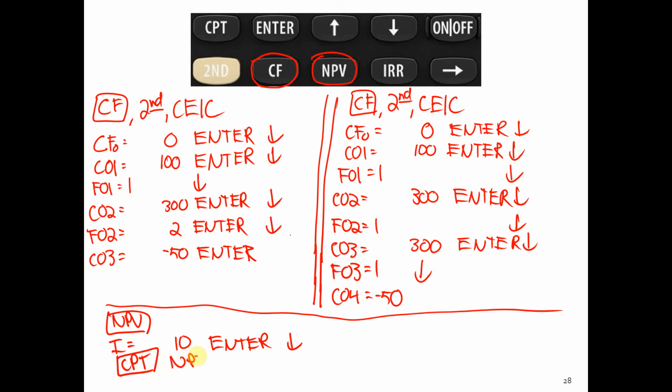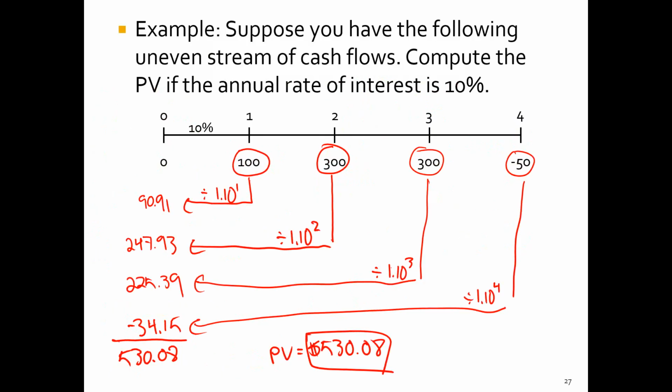NPV shows up on the screen as 530.09. And that's the present value of that series of cash flows. This number is 1 penny different from our calculation using the formula. The reason it's different is just because of rounding in these steps that we did.